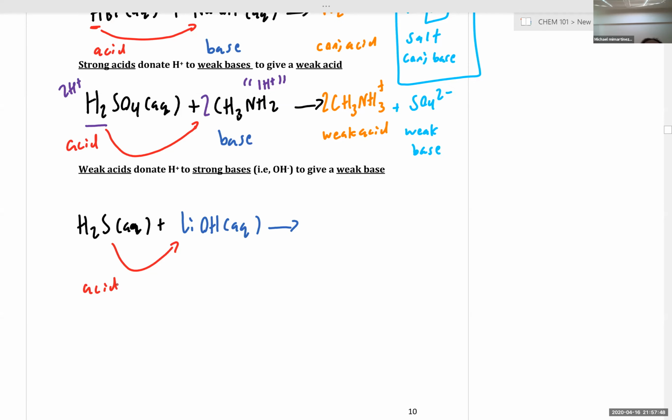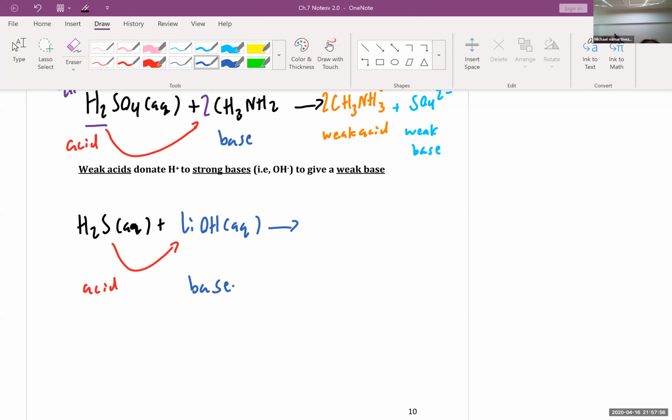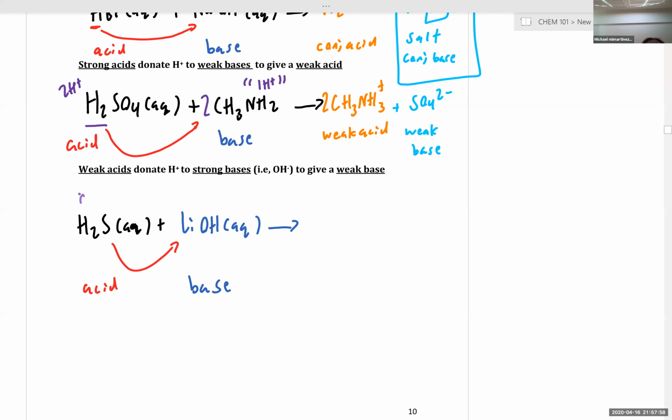So we have our acid reacting with our base. Now looking at our stoichiometry here, just paying attention, H2S can donate up to 2 H+ equivalents, while hydroxide can only accept 1 H+ equivalent. So to fix that, we need to have 2 lithium hydroxide molecules.